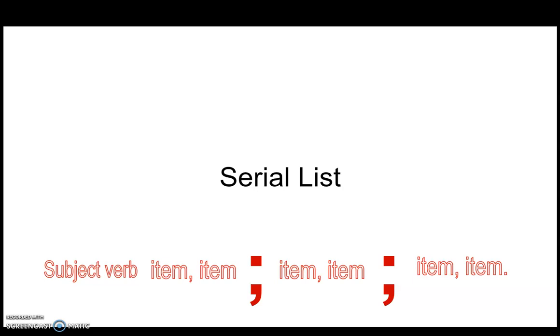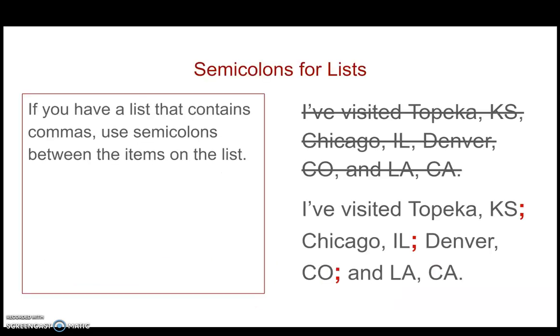Another type of semicolon use is a serial list. This is where you have a more complicated list than just a series of adjectives. In this case, you may want to have commas involved. Generally, if your list involves commas that aren't dividing up the items in your list, that's when you want to bring in a serial semicolon.